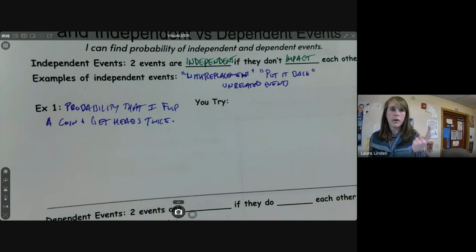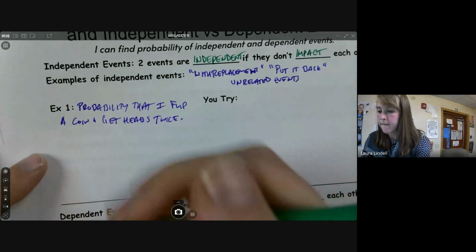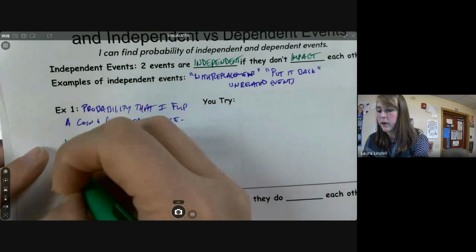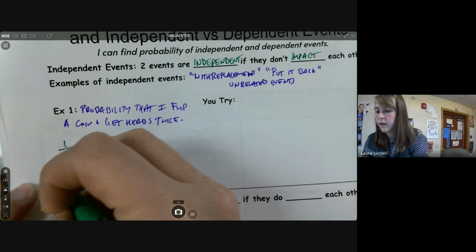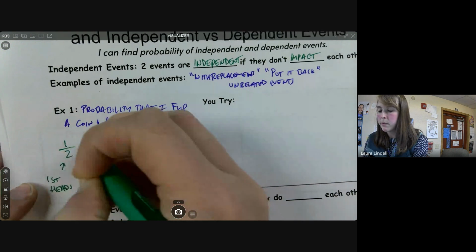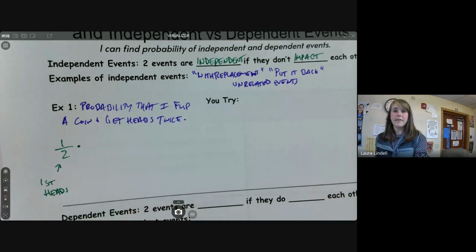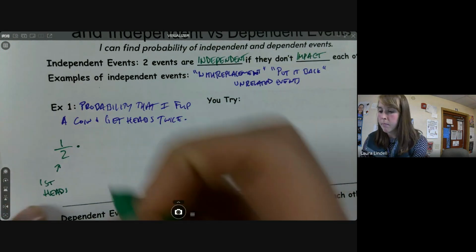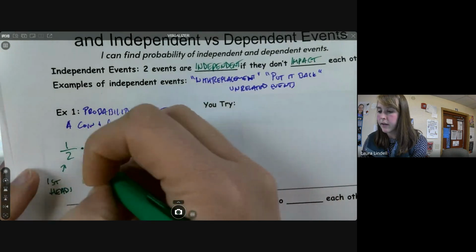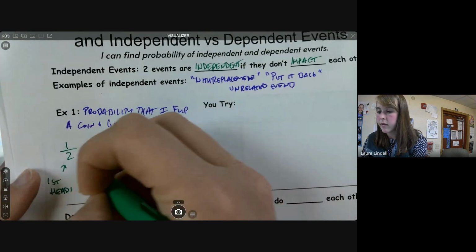Well, there's only one side that has heads and there's two possibilities, right? So 1/2 is the probability of getting heads the first time. We're going to multiply that by the probability of getting heads the second time. And it turns out that it's the same probability of getting heads the second time. So times 1/2 again, that's the probability of the second heads.